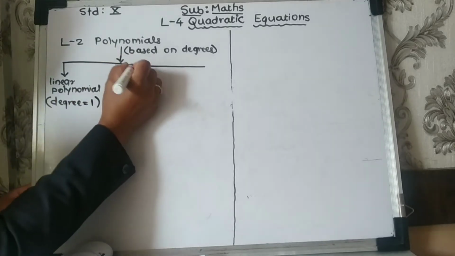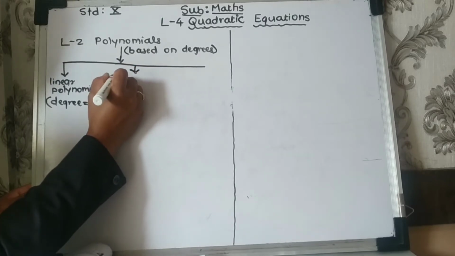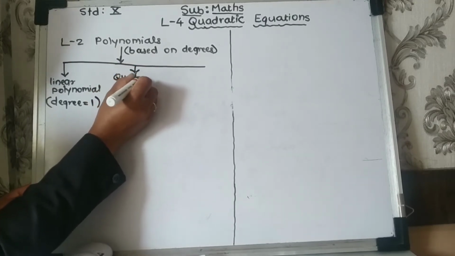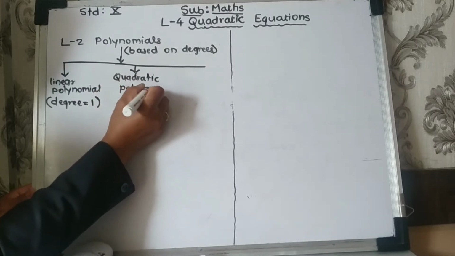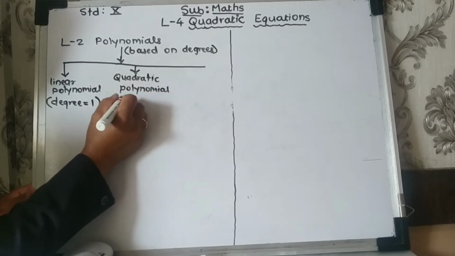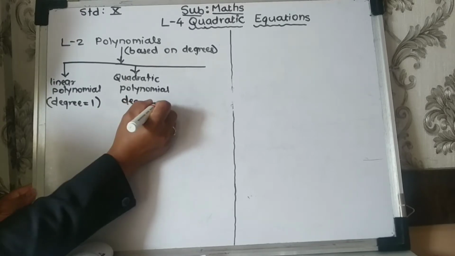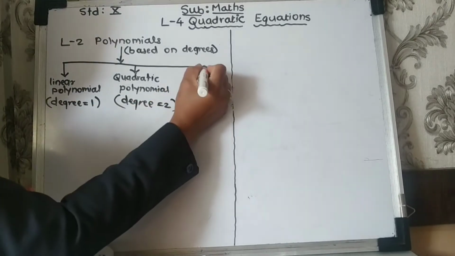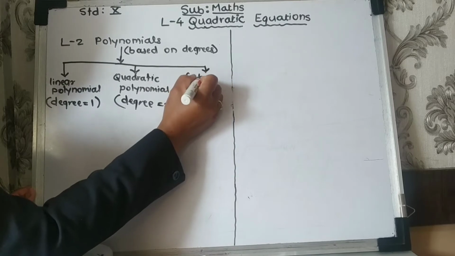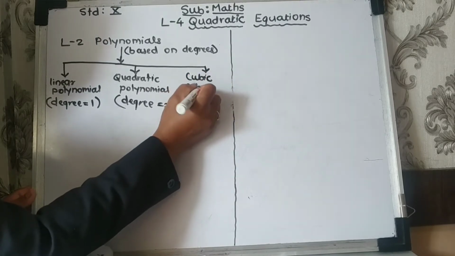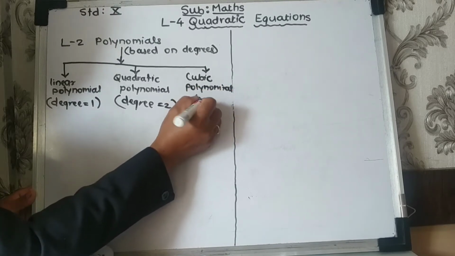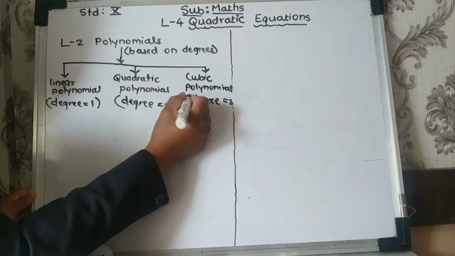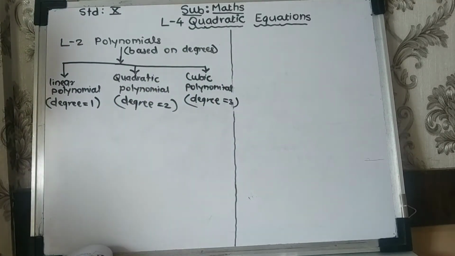Then we have seen the quadratic polynomial, degree equal to 2. And the third type we have seen is the cubic polynomial, degree equal to 3, right? So likewise we have seen the types in lesson number 2.